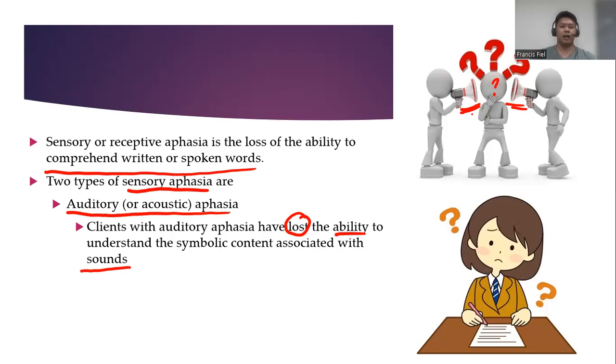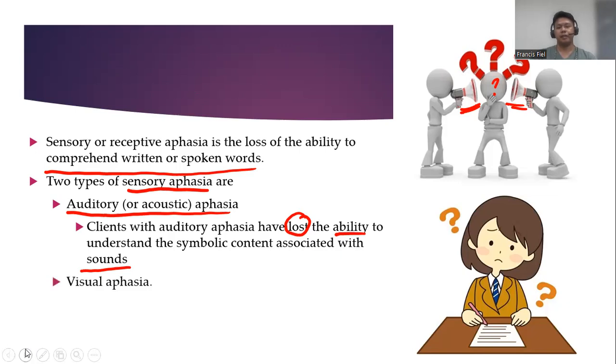Pero aso talaga yung pumupunta sa brain niyo. Now, in clients with auditory aphasia, hindi nila maintindihan ang dog, ang sound na dog. Hindi nila ma-interpret yan. For example, ang naririnig lang nila is, oh, oh. So, pag sabi mong dog, sa kanya is, oh. So, hindi niya ma-interpret kung ano yung sinasabi mo. Alright? That's your acoustic or auditory aphasia through sound.